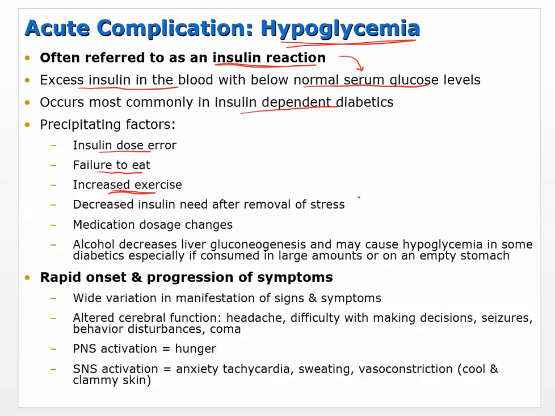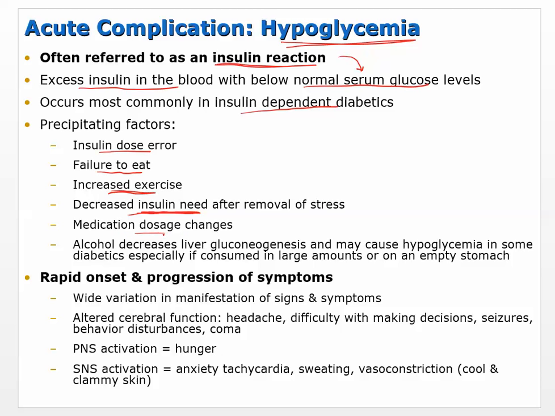You may be increasing your insulin because of something, and then you don't decrease it when you no longer have the need. So you have a decreased need for insulin, and yet you're still providing that insulin, so it's kind of doubling up.